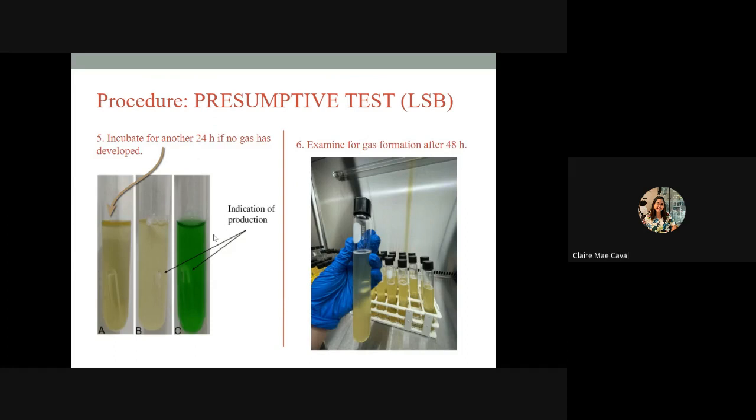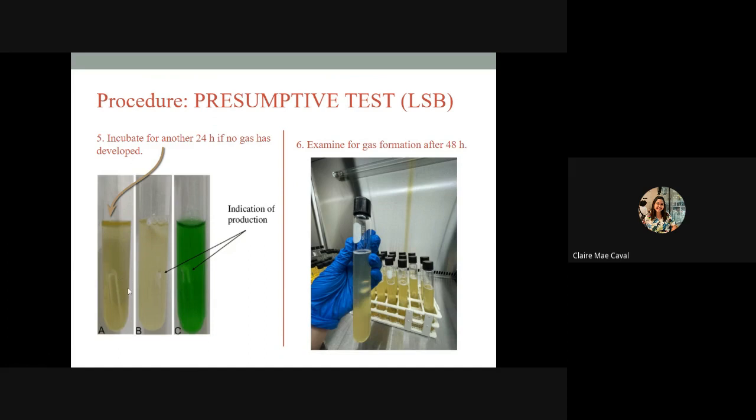So, this one, how about this? This is really an indication of the production of gas, yung letter B. Letter A class is, it appears turbid and there is a change in the clarity. But then if you notice, walang gas production.